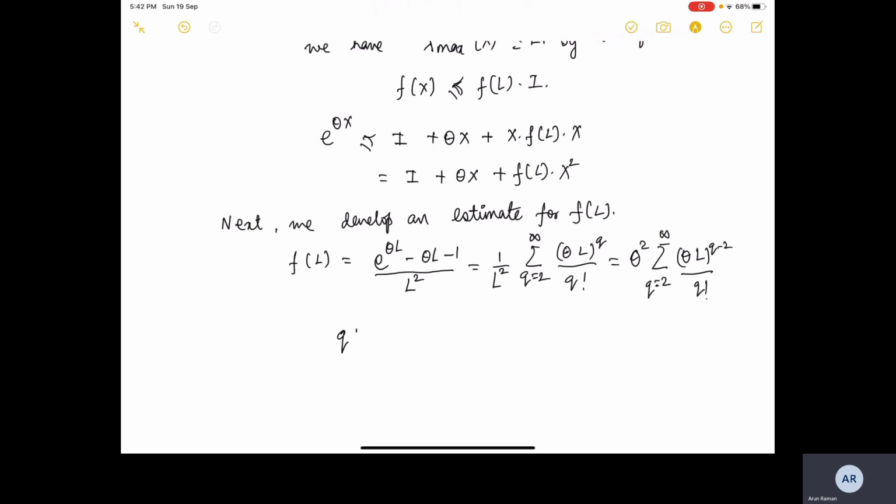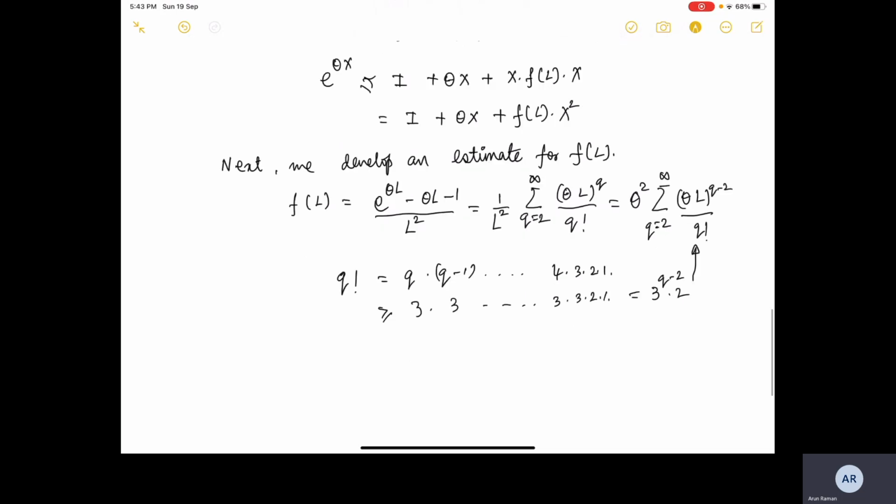So q factorial we can write as q, q minus 1, ..., 4, 3, 2, 1. So this is clearly greater than or equal to what we get if we replace everything by 3. So what we will obtain is 3 to the power q minus 2 into 2. So this is the inequality that we substitute here.